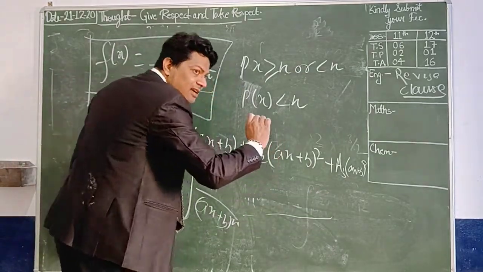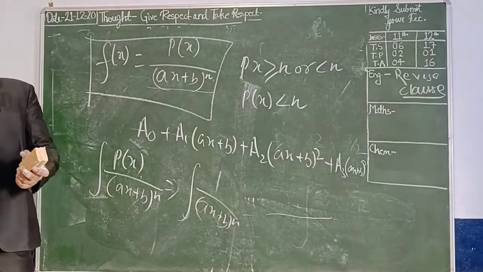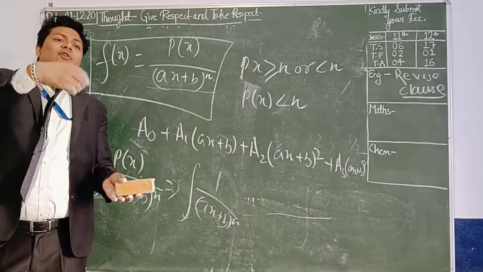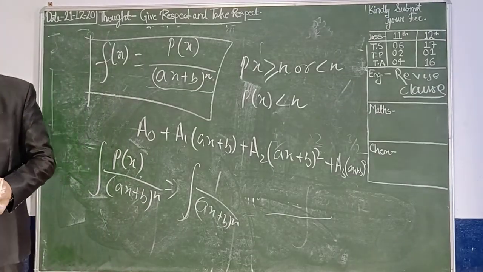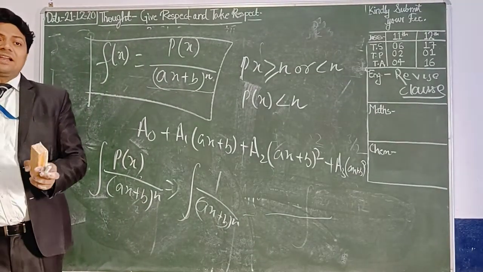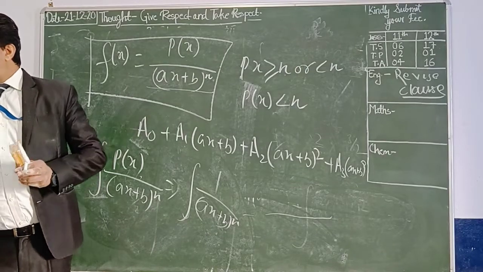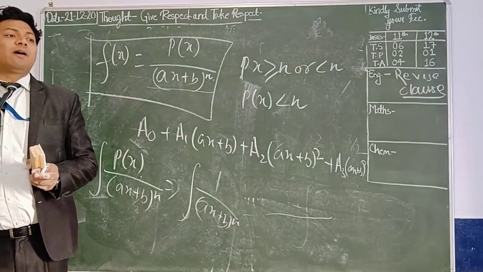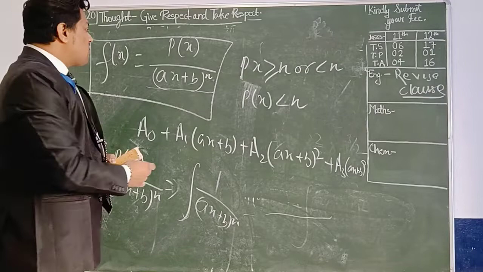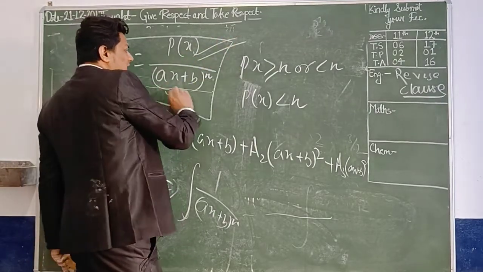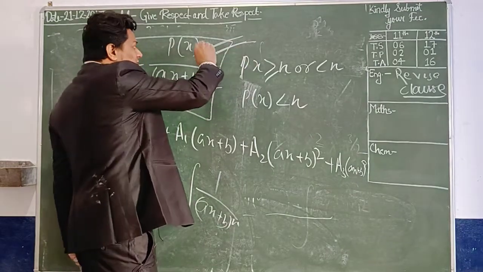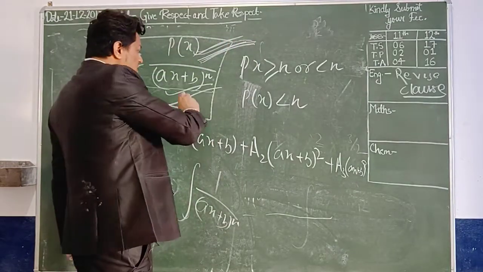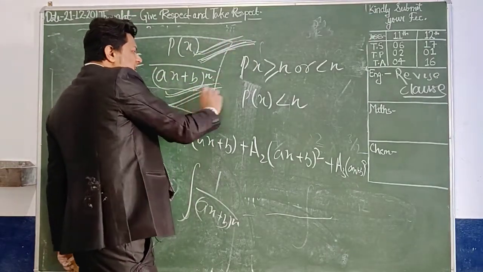But when px is greater than or equal to n, at that time what you have to do is divide px by ax plus b power n. At that time you have to divide this one by this one. Is it clear? When this px will be greater than n, you have to divide this one by this one.